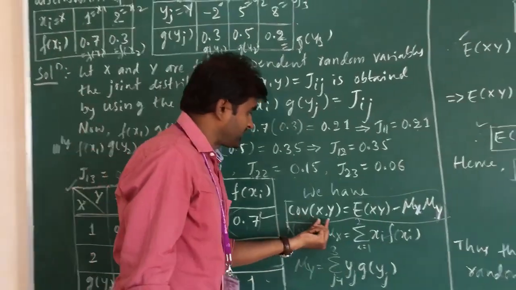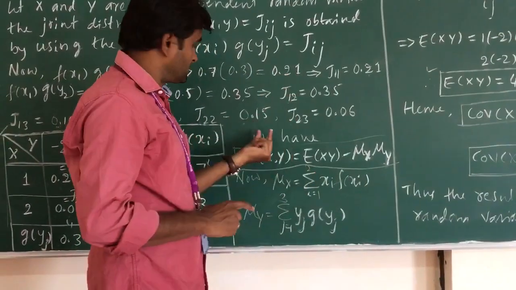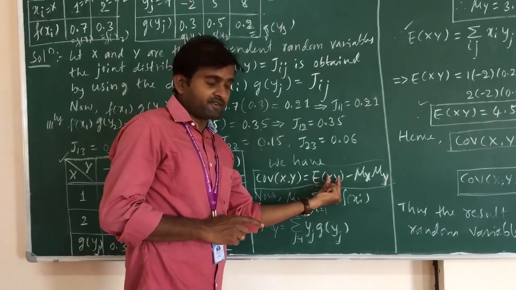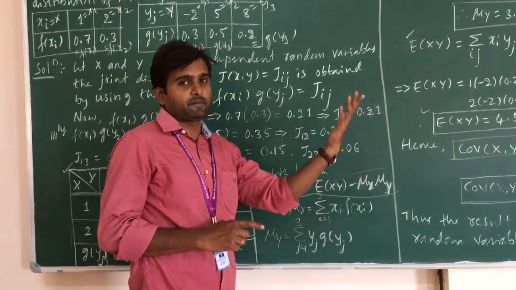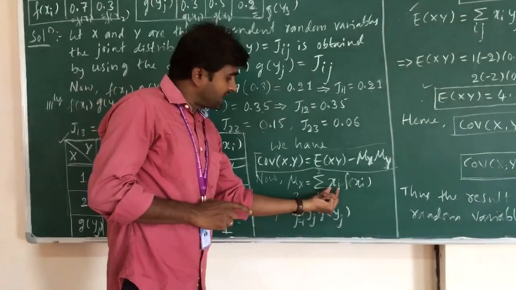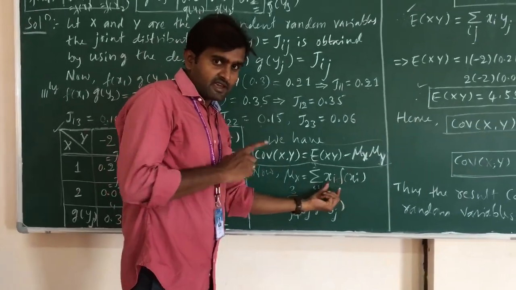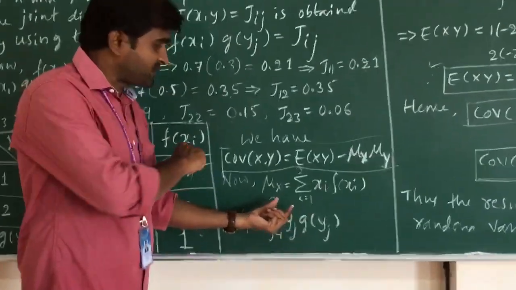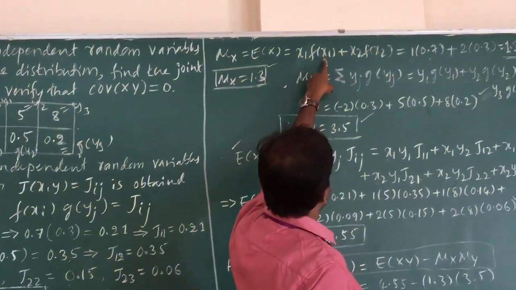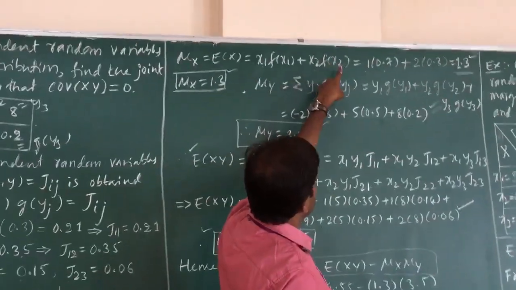After getting the joint distribution table, we need to verify the covariance of xy. We have the expression: covariance of xy equals expectation of xy minus mu x mu y. Now mu x equals the sum of xi f of xi, i from 1 to 2. Expanding, mu x is x1 f of x1 plus x2 f of x2.